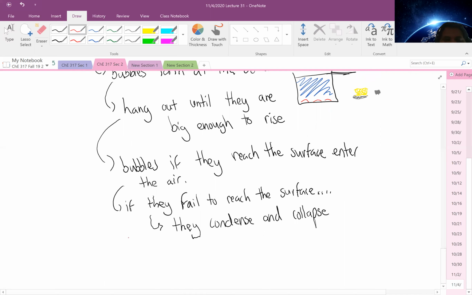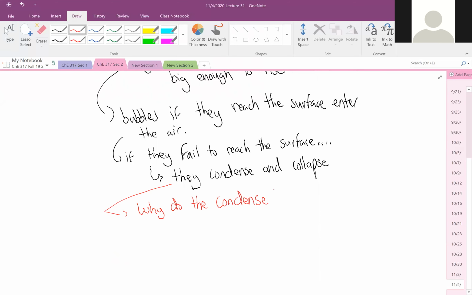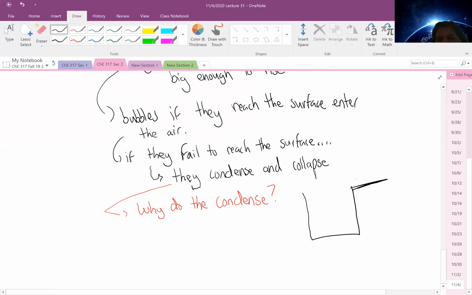All right, so now the trickier question is, why do they condense? Because the water pressure is higher than the vaporization pressure. Not necessarily.